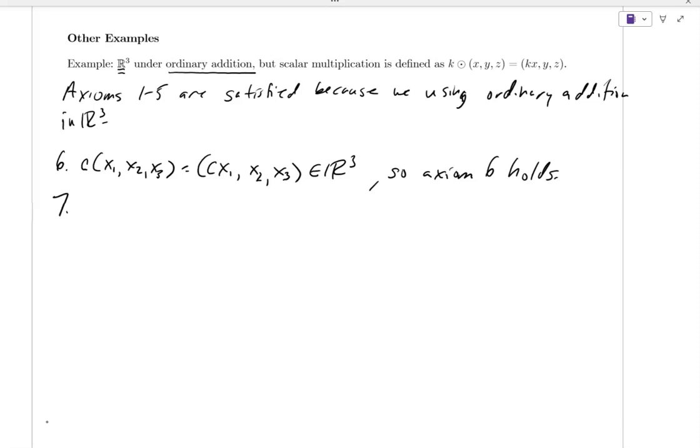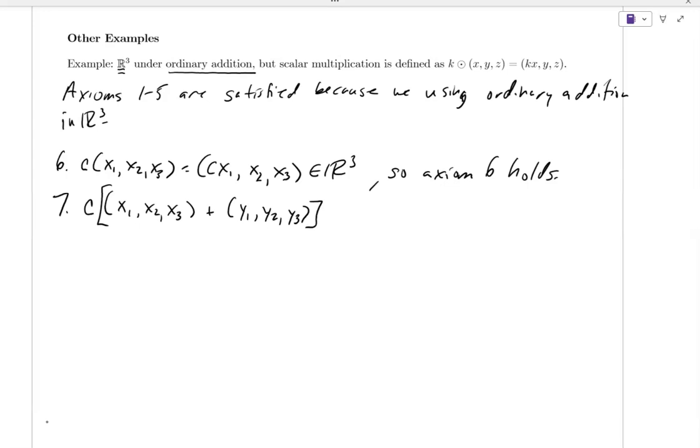Axiom 7 was the distributivity axiom. It's because it's the ordinary addition.